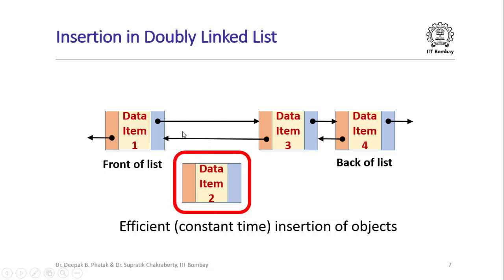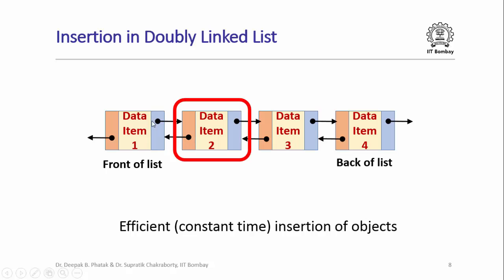So all I need to do once again is to reassign these forward and backward links so that the forward link from data item 1 points to data item 2, the forward link from data item 2 points to data item 3, and the backward link of data item 3 points to data item 2, and the backward link from data item 2 points to data item 1. So as you can see, these changes of links or pointers can be done very efficiently if I were to insert an object at a specified position in a doubly linked list.